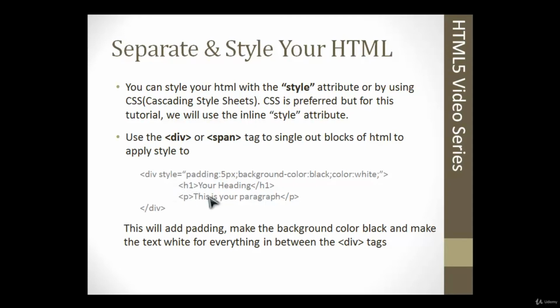The background color of the entire div will be black, and the color is actually the text color. So the H1 and the paragraph will be white text. I'm going to get into this very soon when we start our first project, our first small web page.